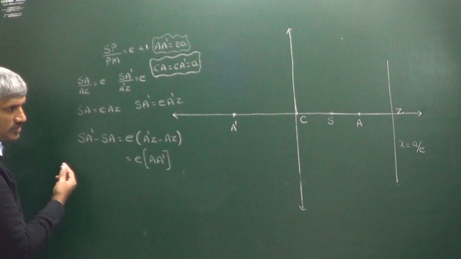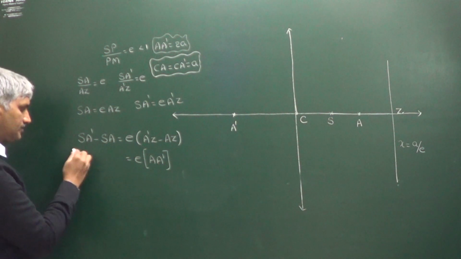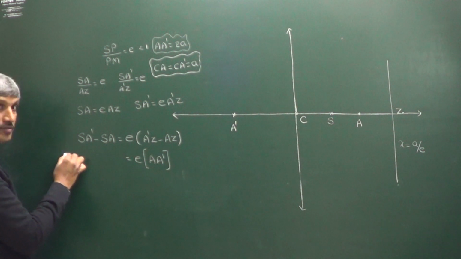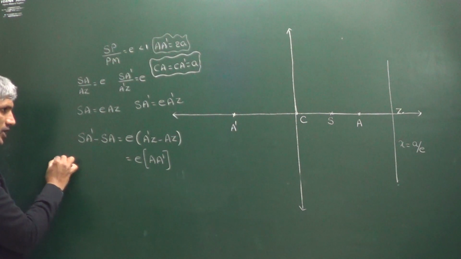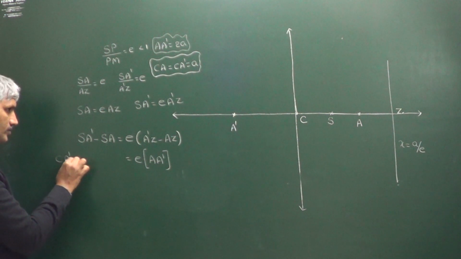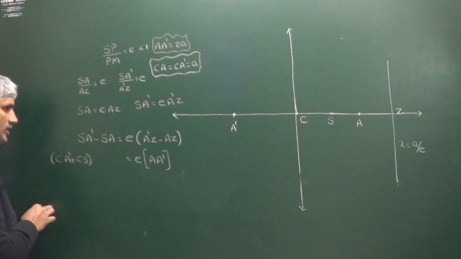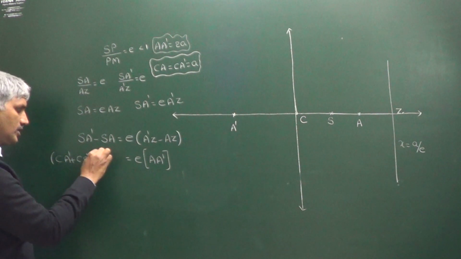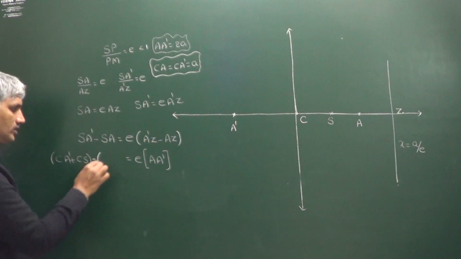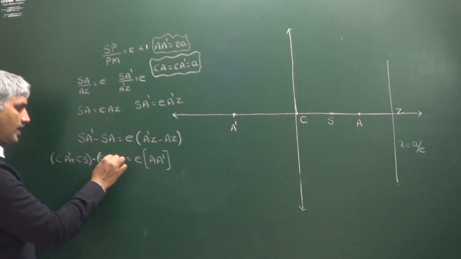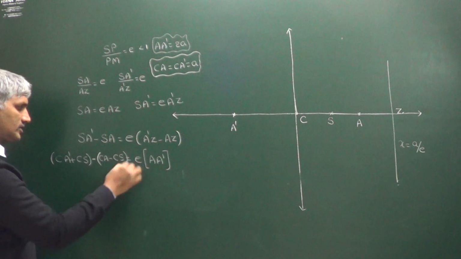Now SA dash. Observe the diagram, SA dash can be written as CA dash plus CS, that is SA dash. CA dash plus CS minus SA can be written as CA minus CS.